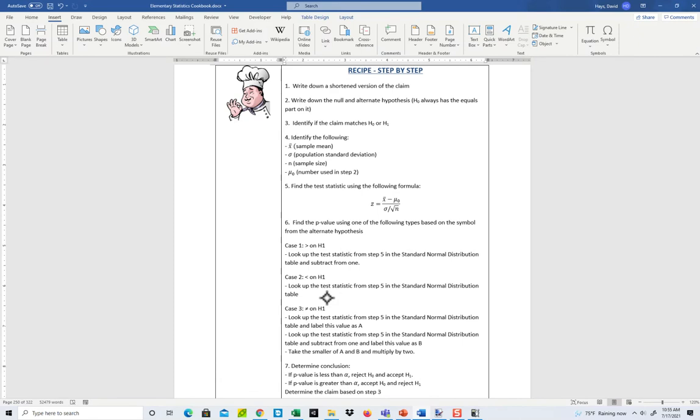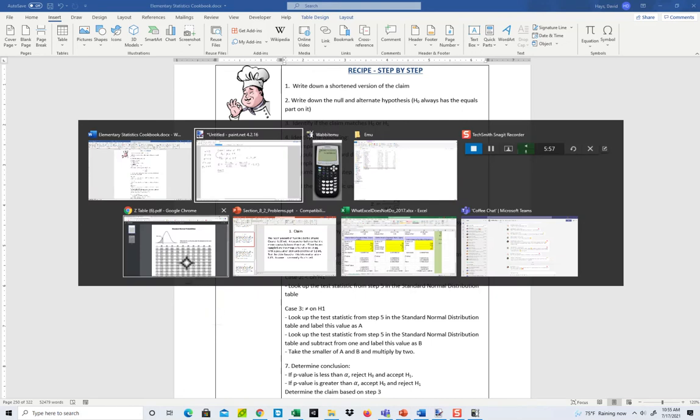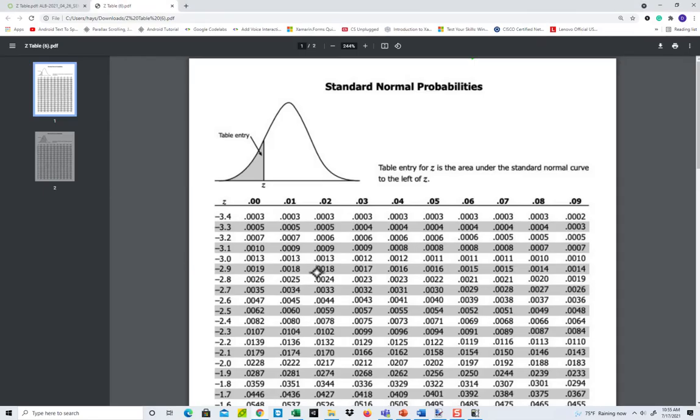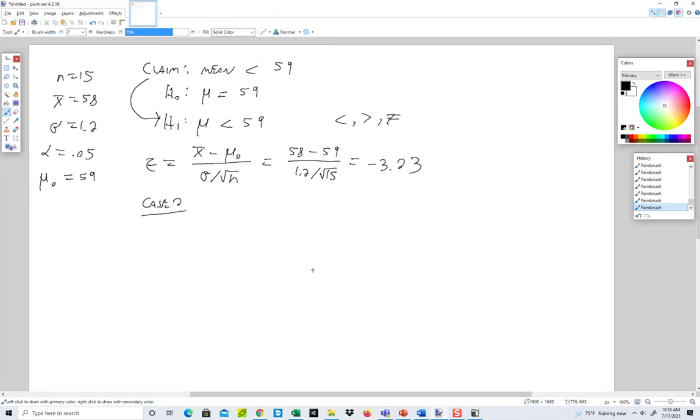And that says, look at the test statistic from step 5 in the standard normal distribution table. Okay, so we're looking at negative 3.2. We separate the first part of the number, the integer part here, and then the first decimal place, and then the last part, which would be the hundredths place, this 3 right here.